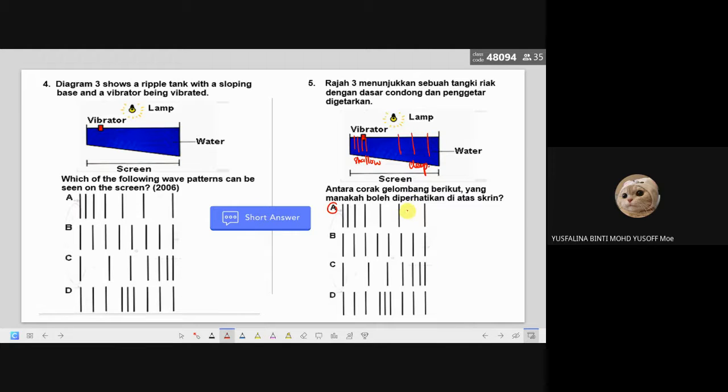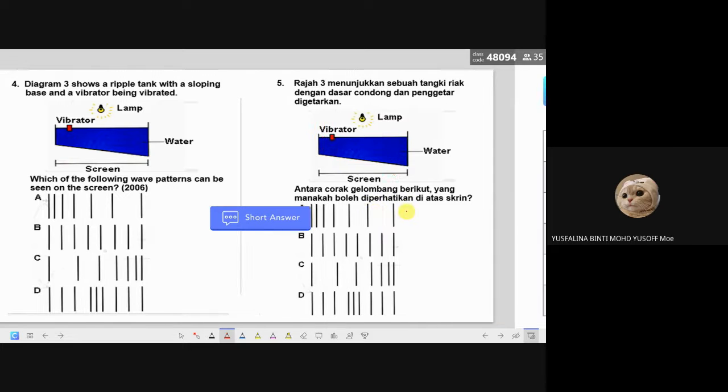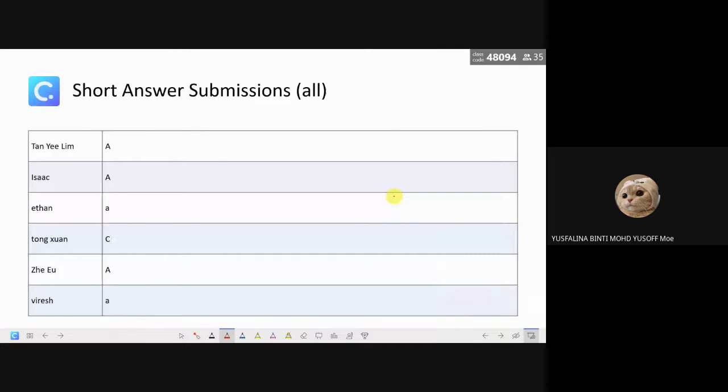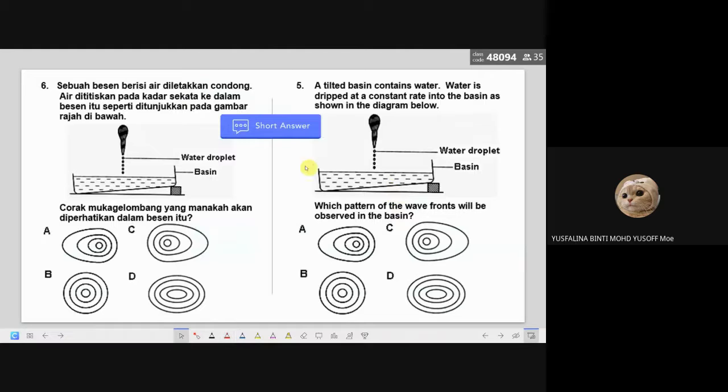Remember, in deep water the wavelength is longer than in the shallow water. You have to remember that one.